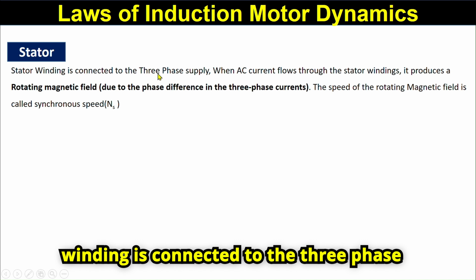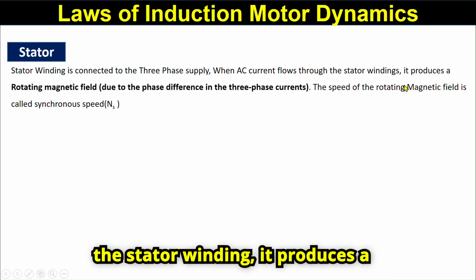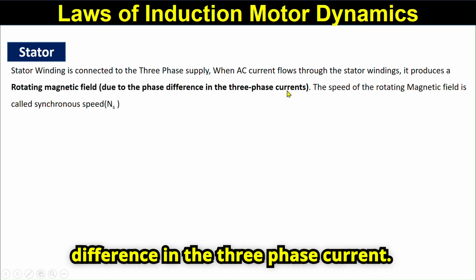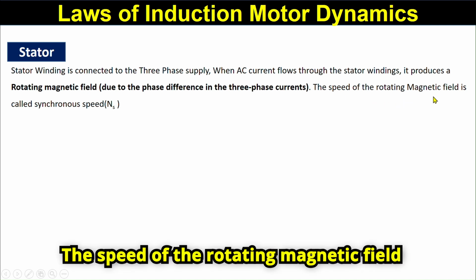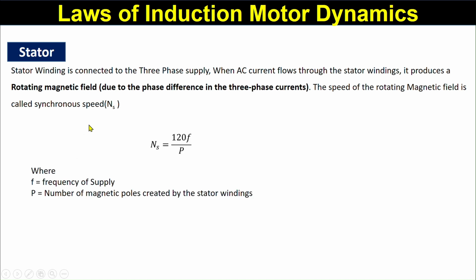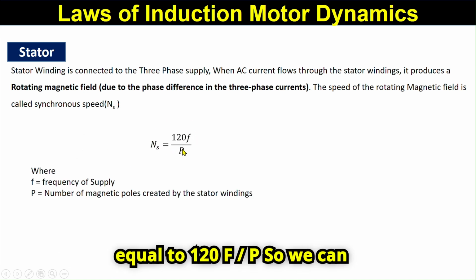The stator winding is connected to the three-phase supply. When the AC current flows through the stator winding, it produces a rotating magnetic field due to the phase difference in the three-phase current. The speed of the rotating magnetic field is called the synchronous speed. The synchronous speed is Ns = 120f/P.